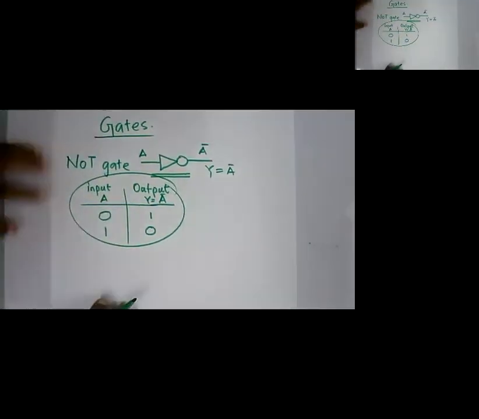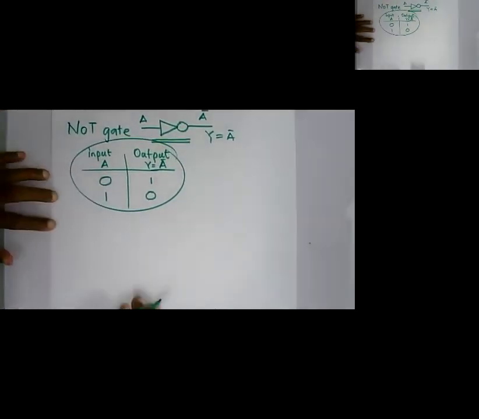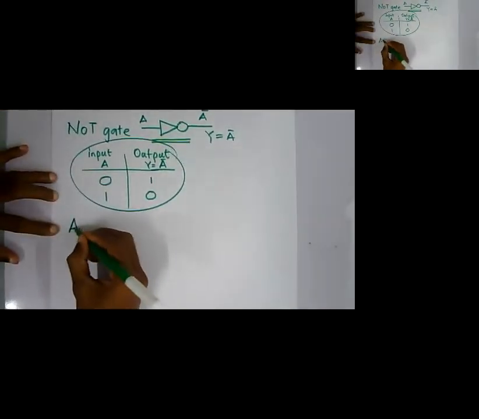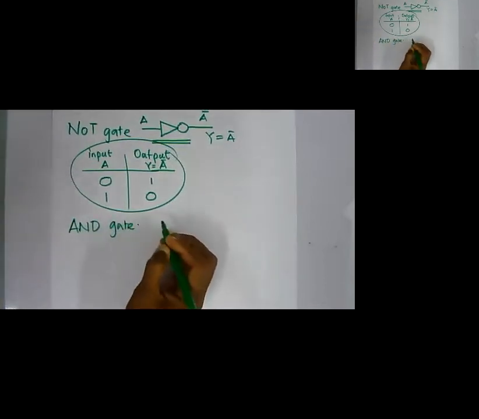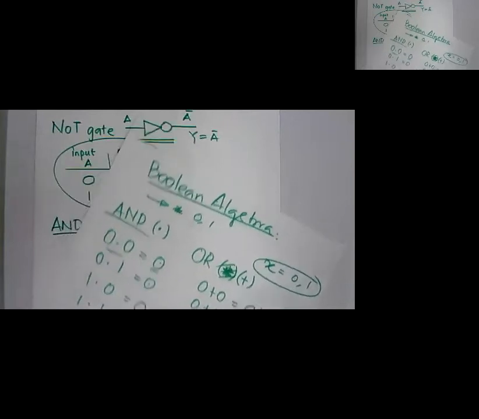Now we'll see the next one, the AND gate. As I said earlier, the AND gate needs two variables.